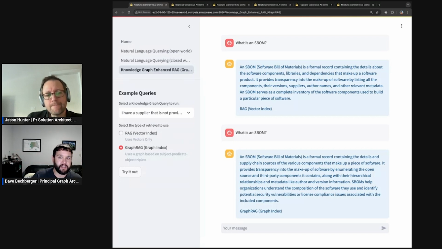And in a lot of ways, one of the key things that we didn't really touch on here, but that graphs also provide, is some explainability into why these things are connected. Because I can look at Dave, Amazon, Seattle, and that makes sense to me. There's no way I can look at a vector and understand why these two things are similar. I can look at the text and probably figure it out.